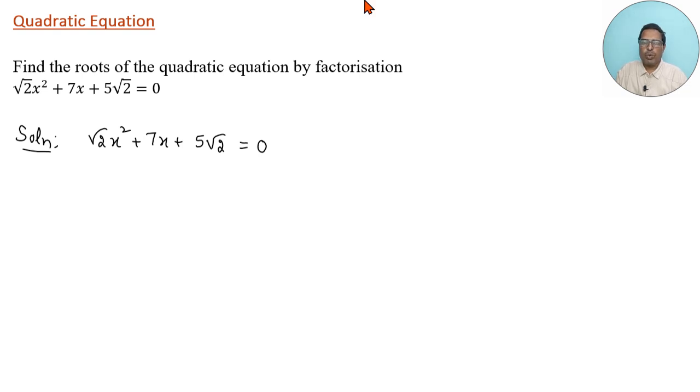So what we have to do is take the last term multiplied by the first term. So what we'll be getting: root 2 x square is being multiplied by 5 root 2. So you have 5 into x square, let me write down 5x square. You are having root 2 into root 2, is it not root 2 square?